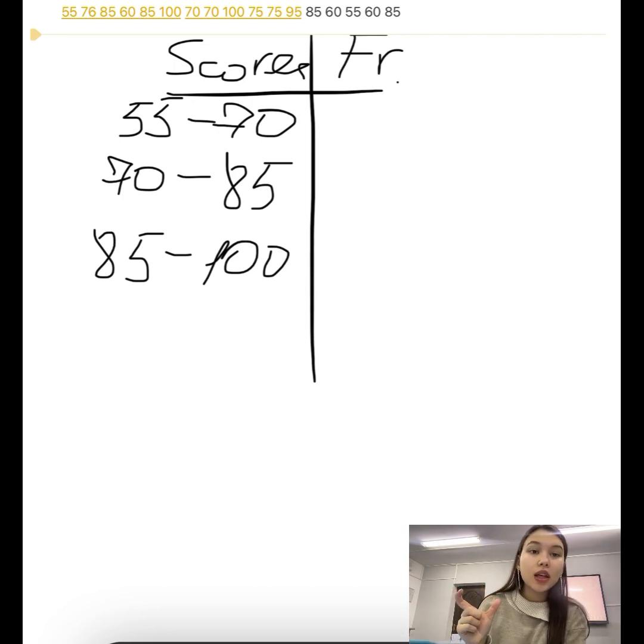So 15 is a good interval. As I said before, this is included, but this is not. So we don't consider 70 in the first place.